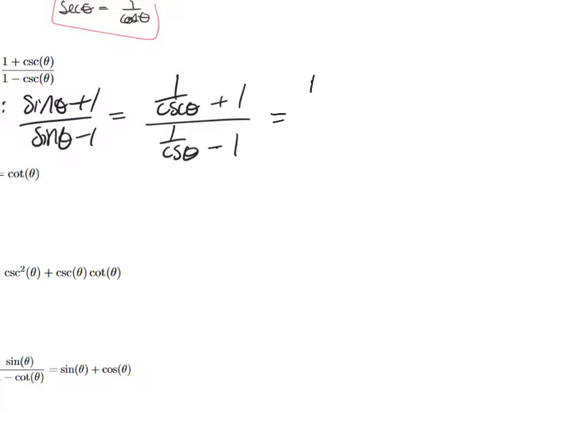And so you should have had 1 plus the cosecant of theta over the cosecant of theta over. Did you get that far? Okay, let's back step a little bit, make sure that we're all on the same page then.